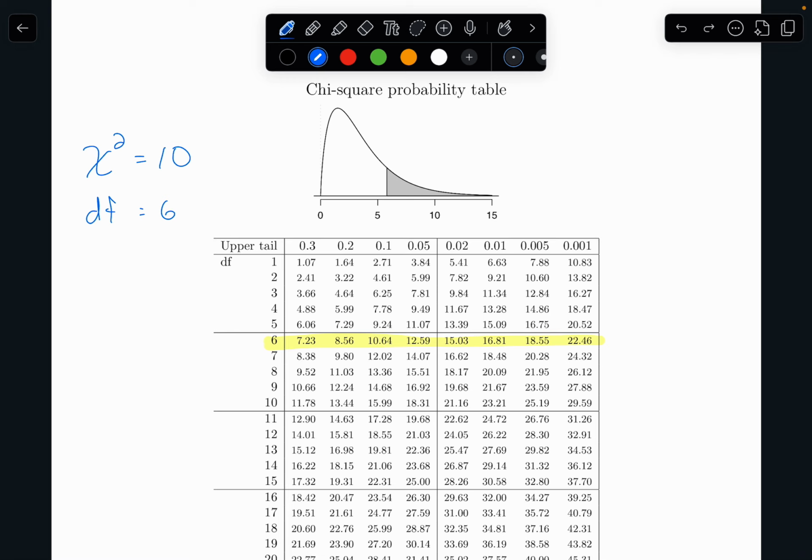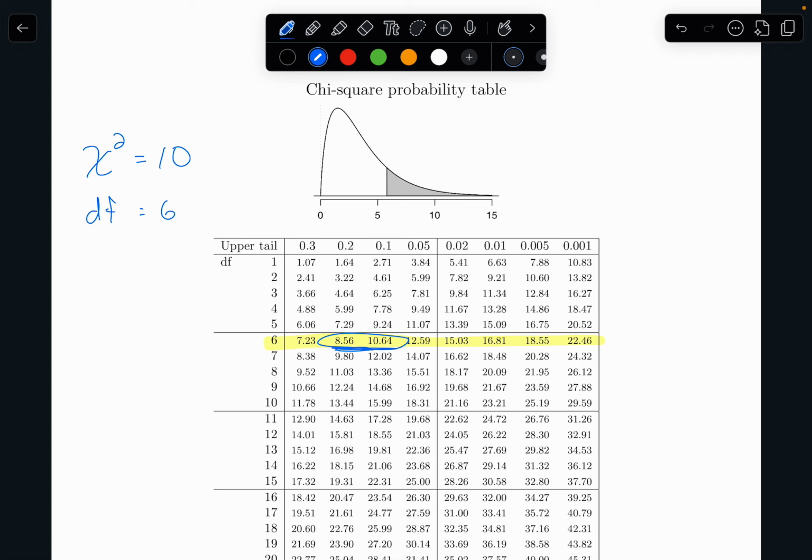So all of these numbers within this row represent chi-square values, and I'm going to find where 10 lives in relation to this. First of all, it's not between 7.2 and 8.56. It does, however, live between 8.56 and 10.64.